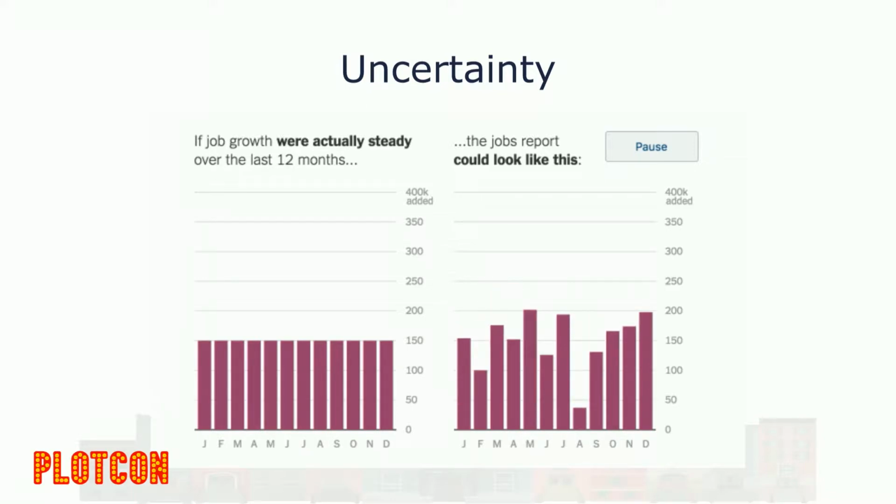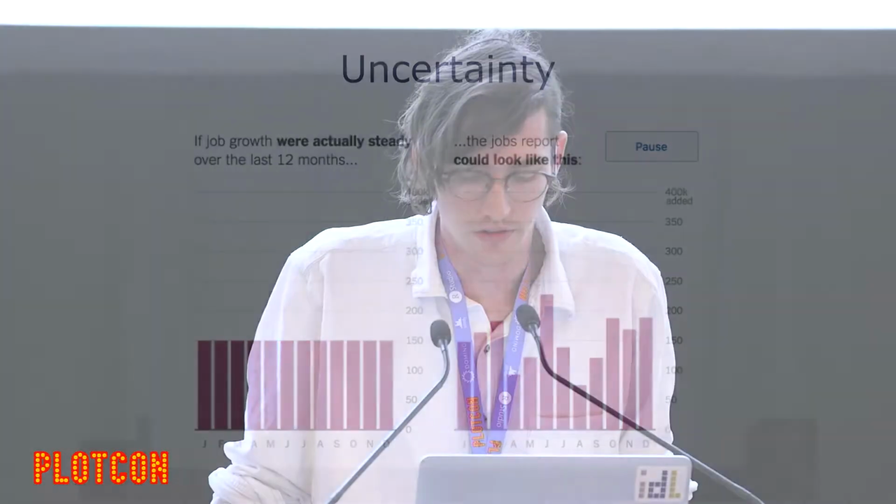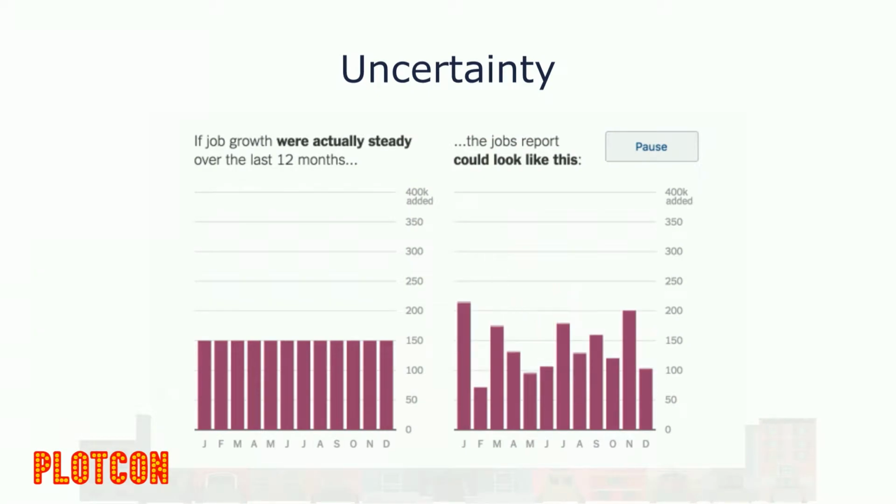And so they do this nice interactive animating piece where they say, okay, if the job growth was steady, a flat line over the past year, what you would expect from that is on the left, but here are all these different examples of different potential sampling points that could have brought about the same exact result.